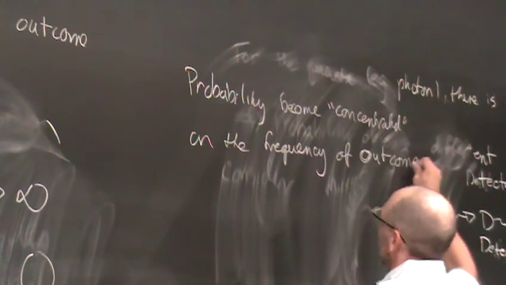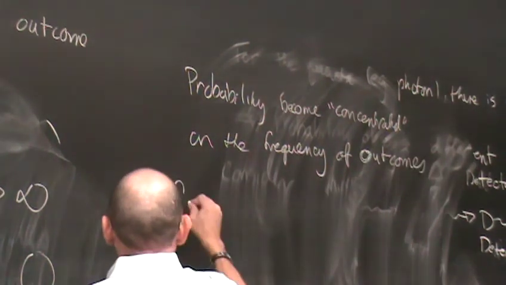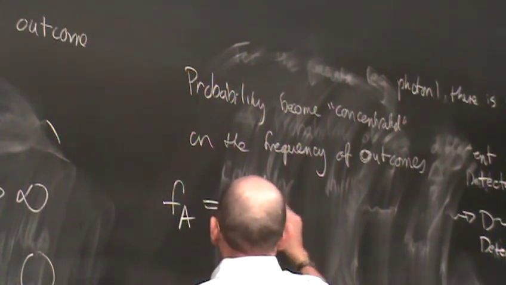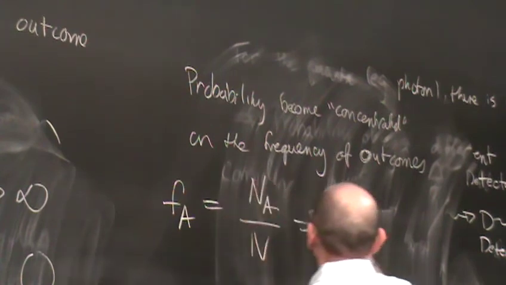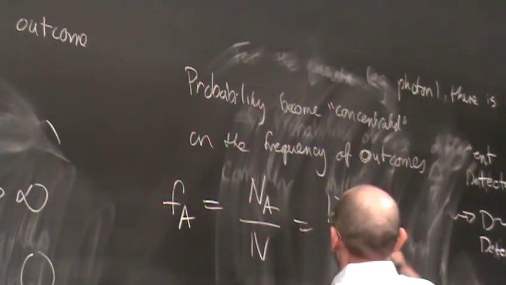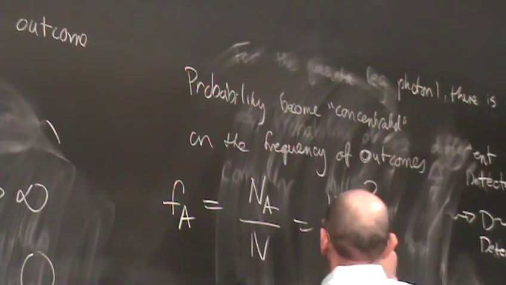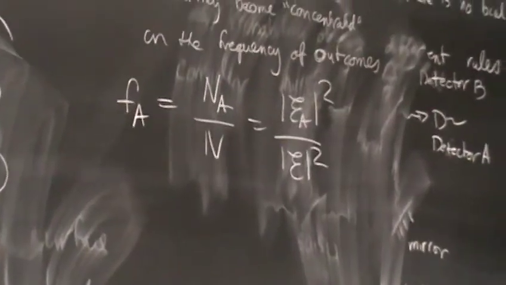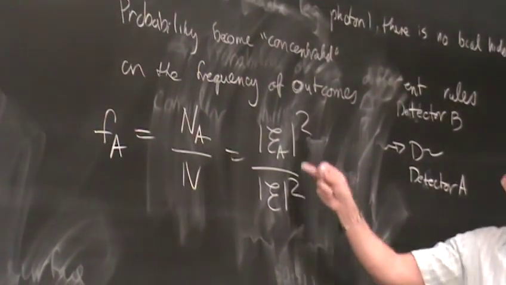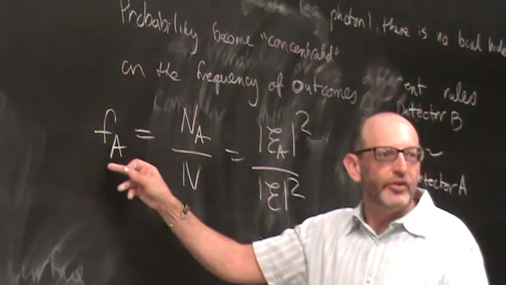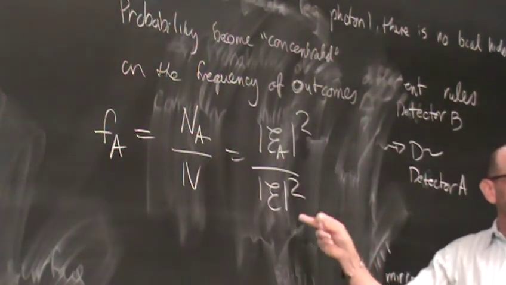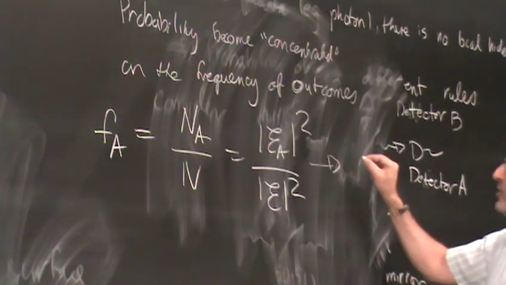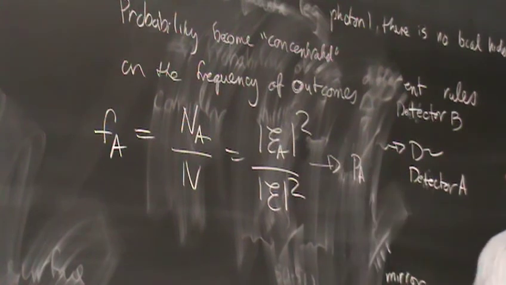So that the frequency of A here is equal to the number A over the total number, or I can think about this as the electric field coming out at port A over the total intensity. So if I think about the fraction, this is the fraction for frequency of the intensity that comes out one port or the other, that converges as n goes to infinity to the probability.